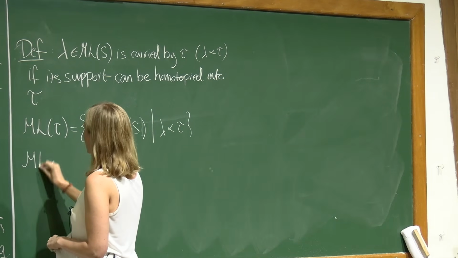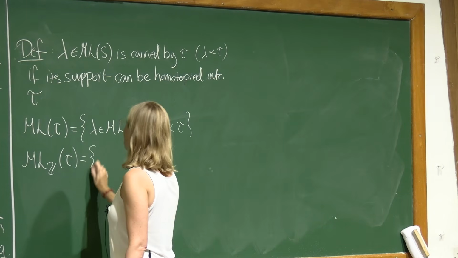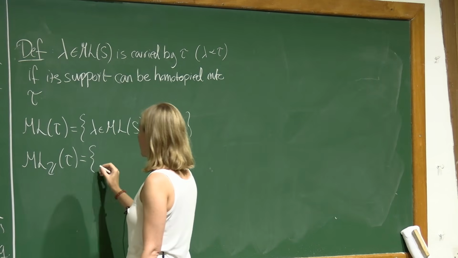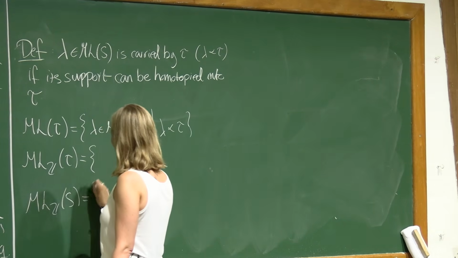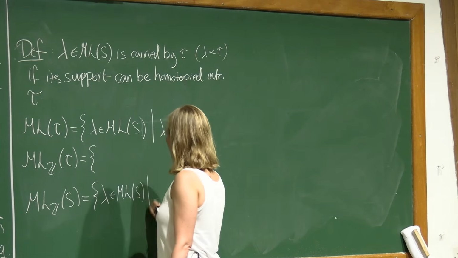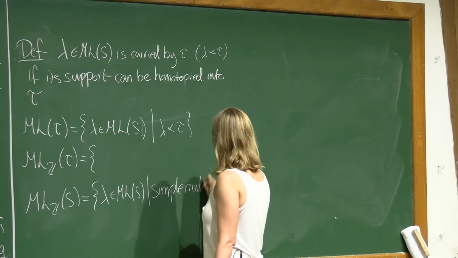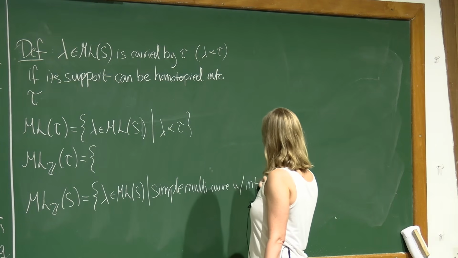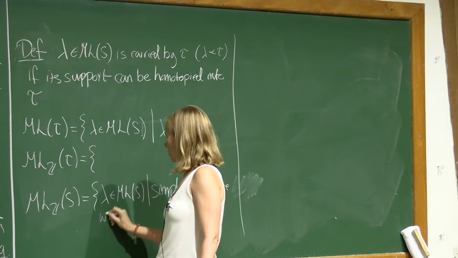And ML Z, okay, maybe I didn't give this notation, so maybe I should also give ML Z of S is just going to be all measure laminations that are actually simple multicurves with integral coefficients.